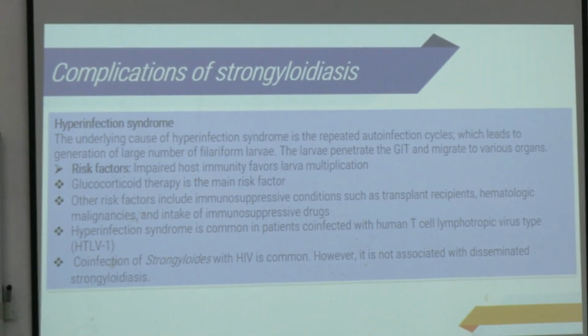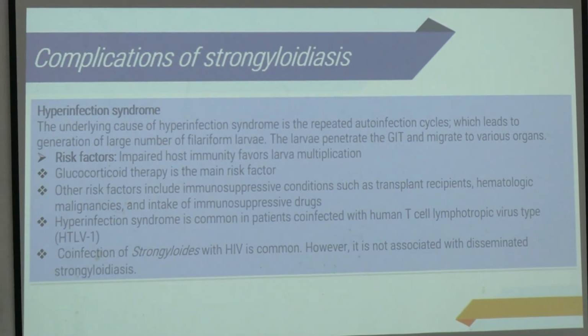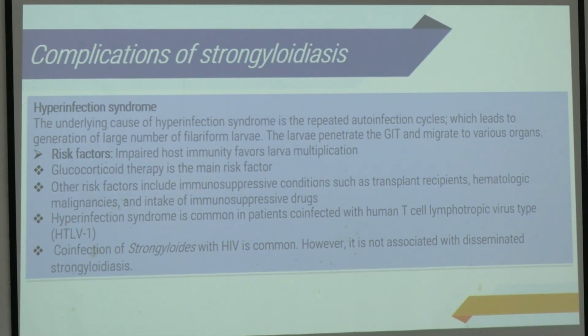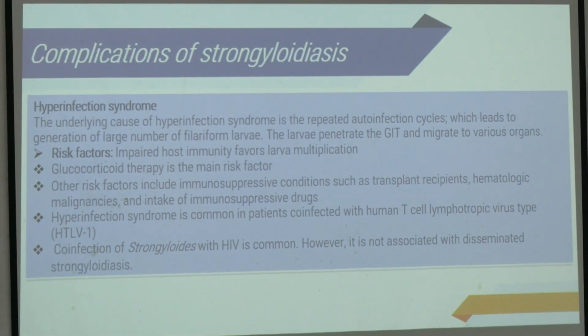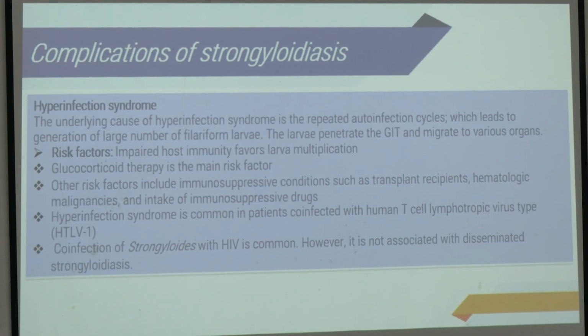This is hyperinfection syndrome: repeated auto-infection cycles. How does the auto-infection occur? By reverse peristalsis. The larva itself moves into L1, L2, L3 in our body. That leads to auto-infection and the larvae penetrate and migrate to various sites.